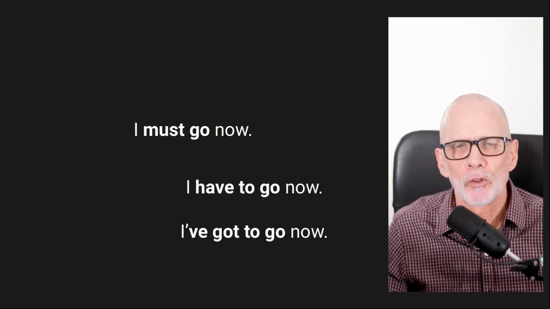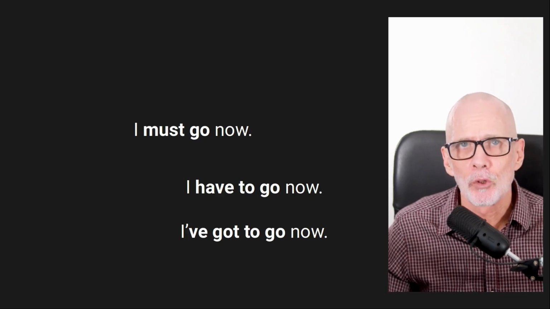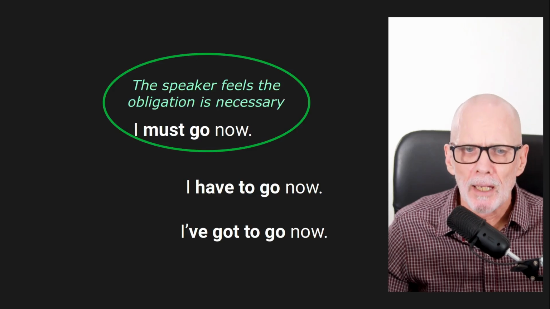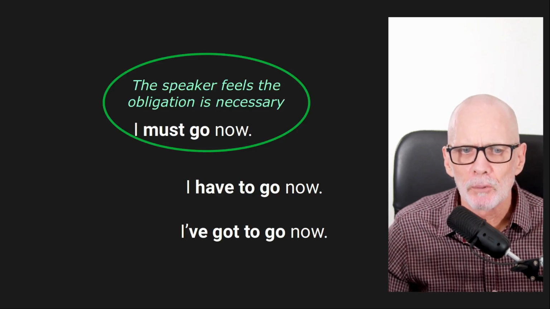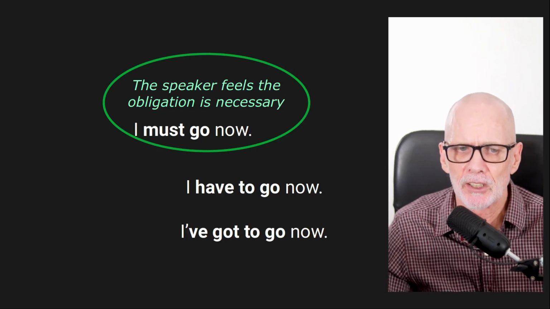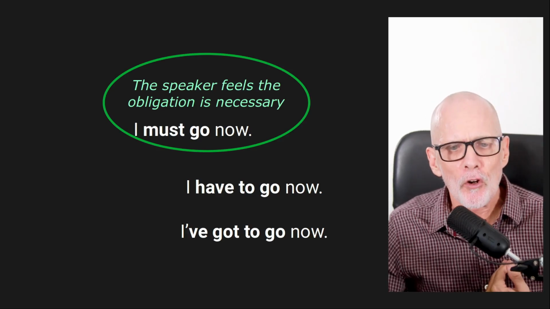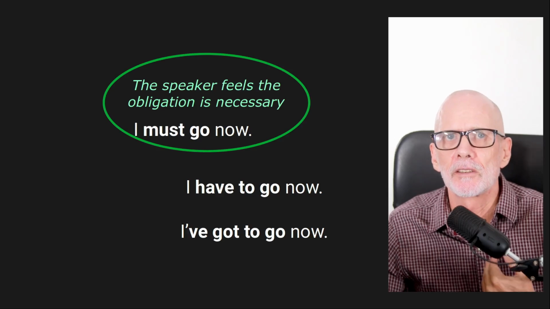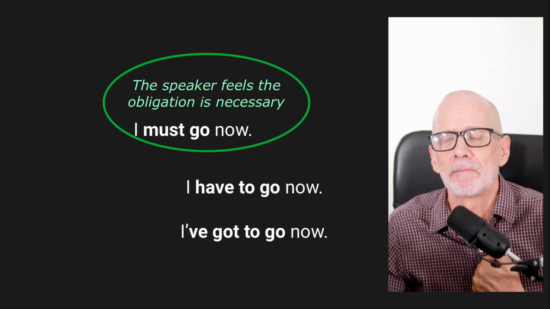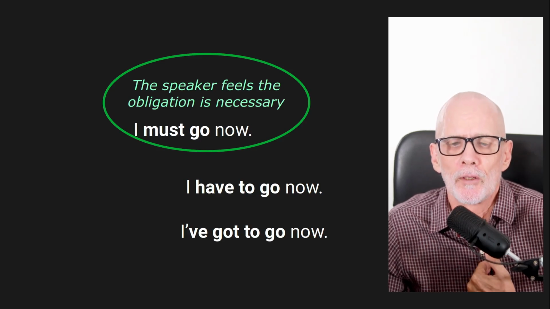What's the difference? Well, the official difference is that when we use must, it's because the speaker feels the obligation is necessary. The authority is from the speaker. I must go now. This is a self-imposed obligation.